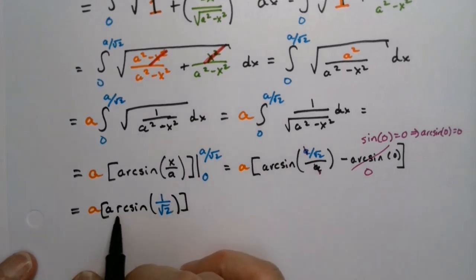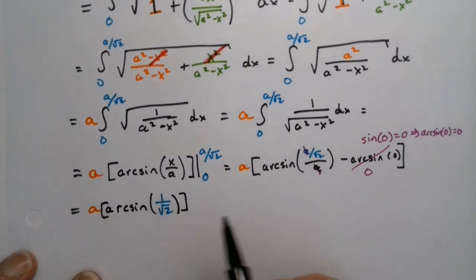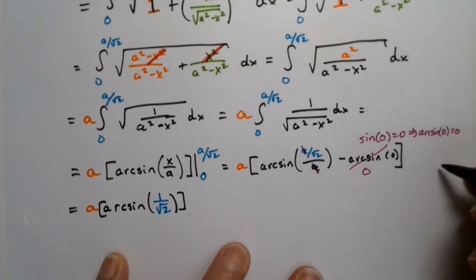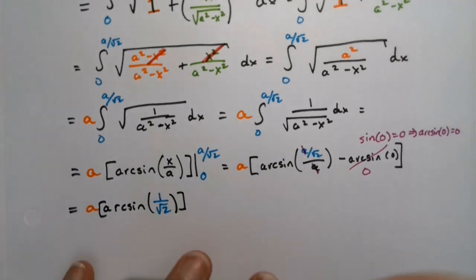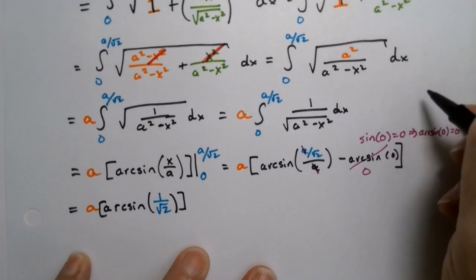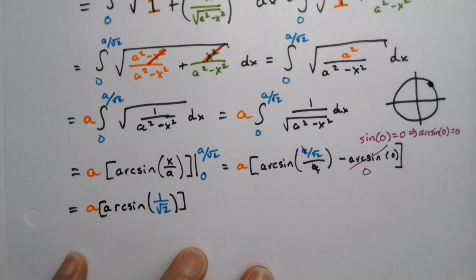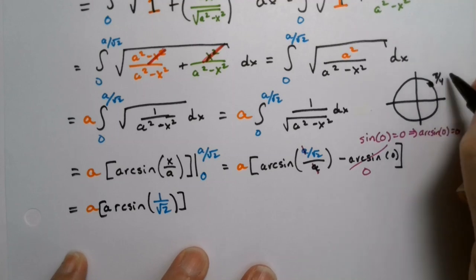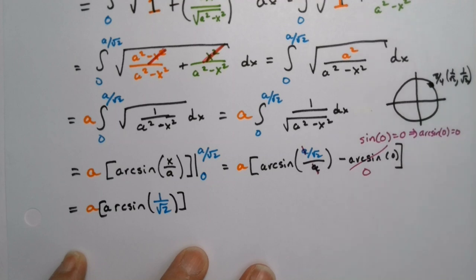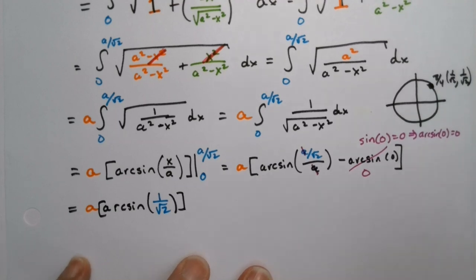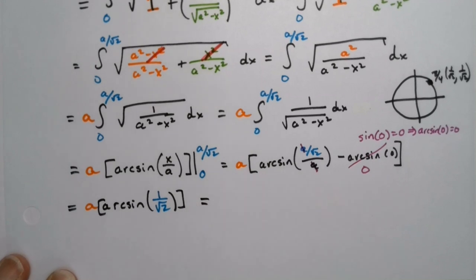So arc sine of 1 over the square root of 2. So you're looking for an angle that would have a sine value that's 1 over the square root of 2, which is right here at pi over 4. So at pi over 4, it's 1 over the square root of 2, 1 over the square root of 2. Those are the values for pi over 4. So this must be pi over 4. So this is a times pi over 4.